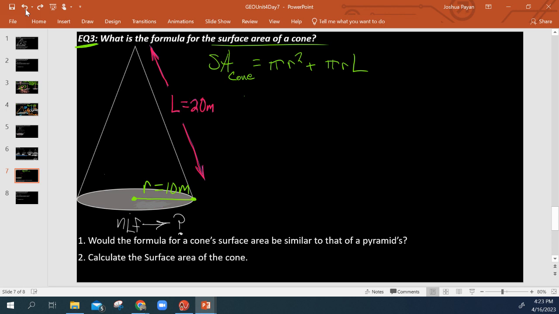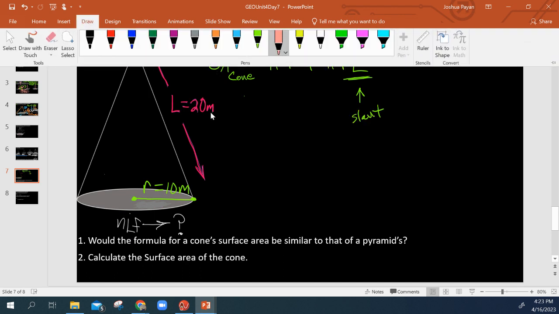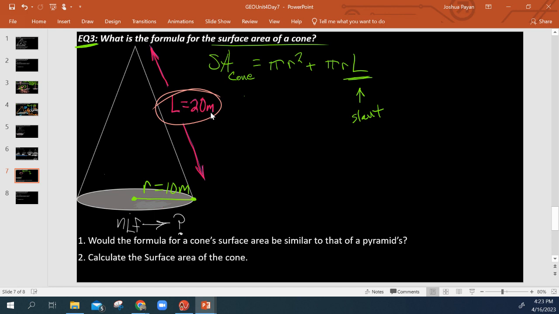Anyway, let's practice using it. As you can see, we only need two things. We need L, the slant length, which is this right here in pink.